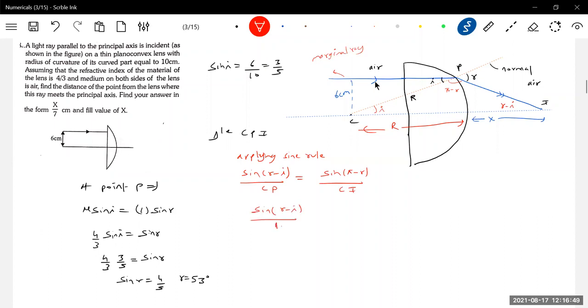CP is how much? 10. So we know r, I, all the values. Solving, we'll get the expression for x.